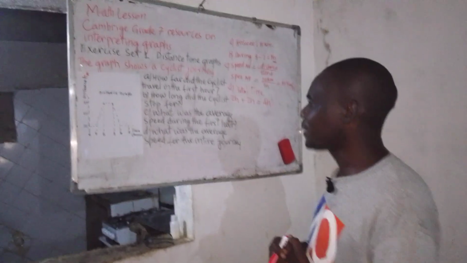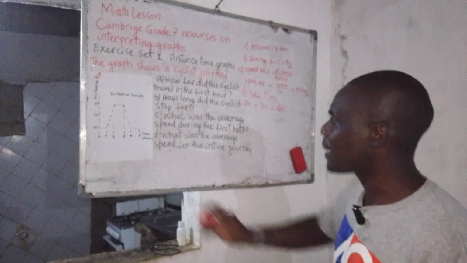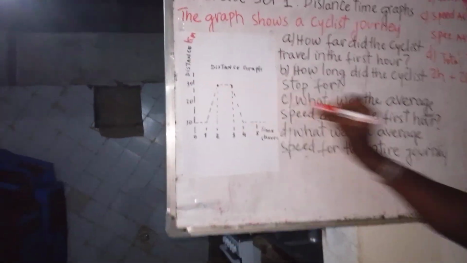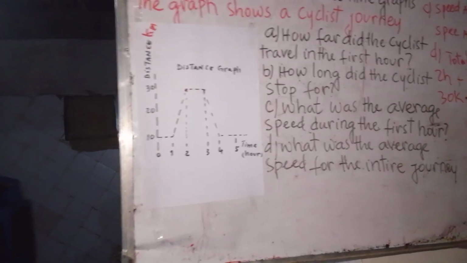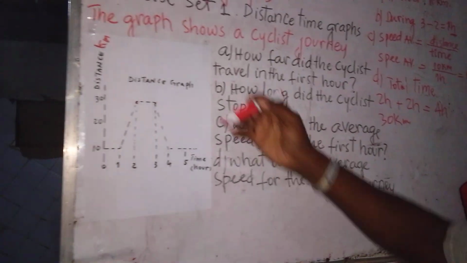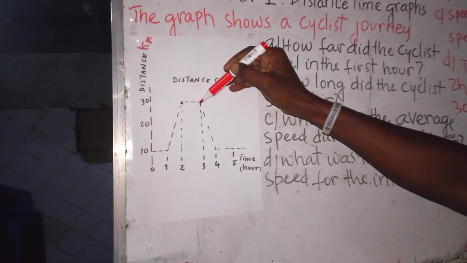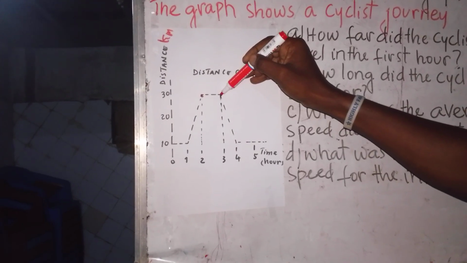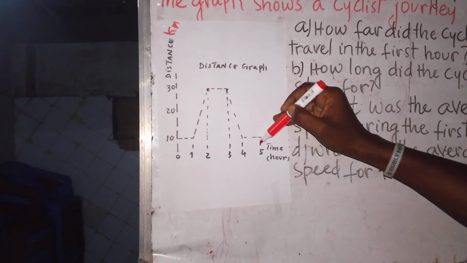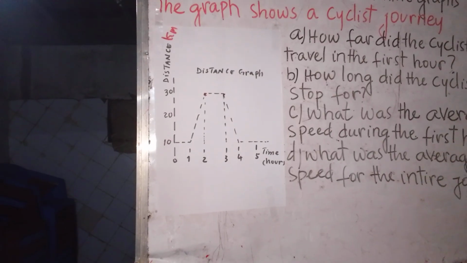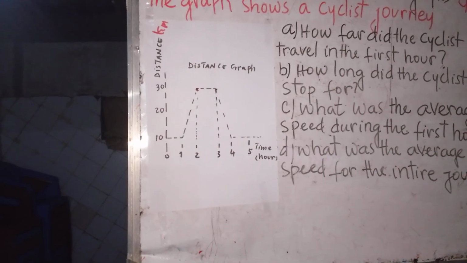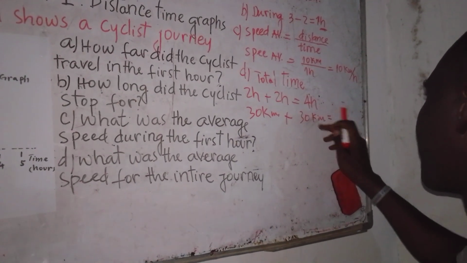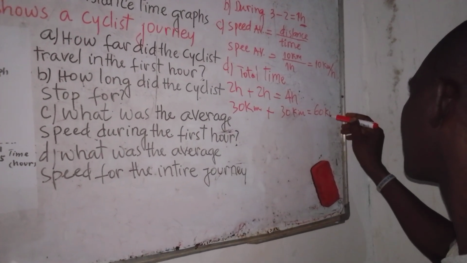To calculate the total distance, we start at 0. From 0 up to 2, the distance covered is 30 kilometers. Then from 30 up to 5, the other distance covered is 30 kilometers. The total distance is 60 kilometers.